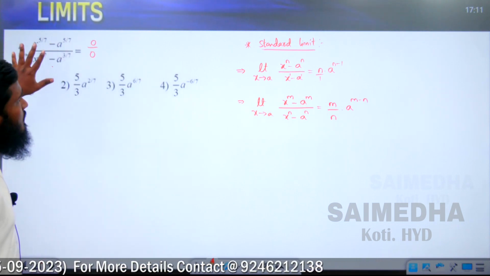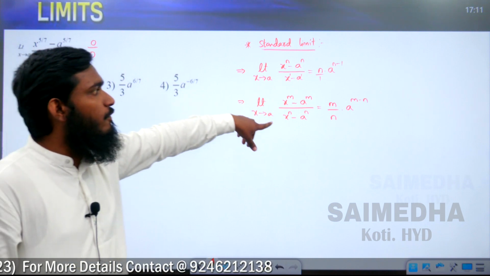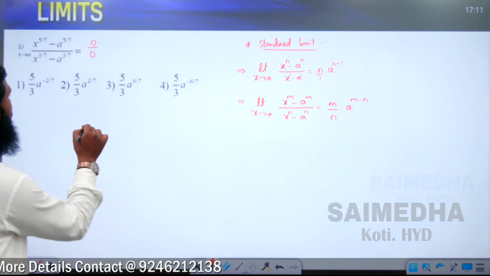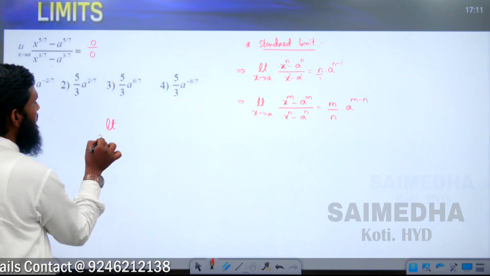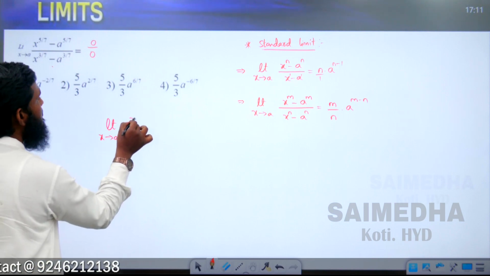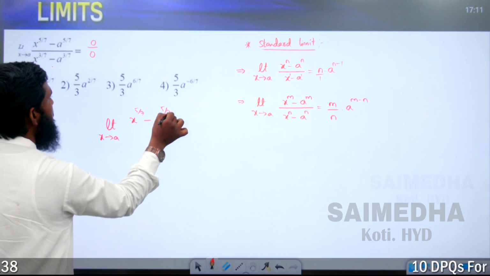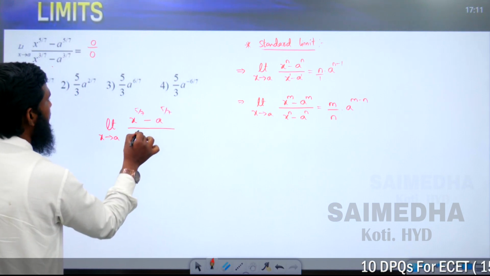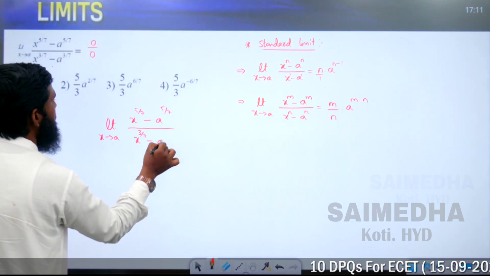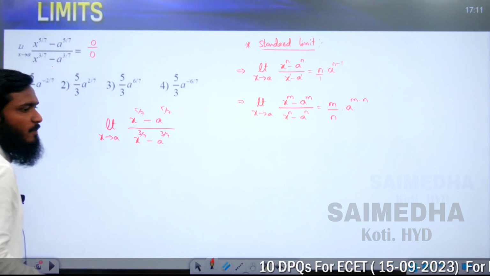Okay, so these are the two formulae. Now for this question, which formula do we have to use? The second formula. So in this question, limit x tends to a, (x^(5/7) - a^(5/7)) divided by (x^(3/7) - a^(3/7)).